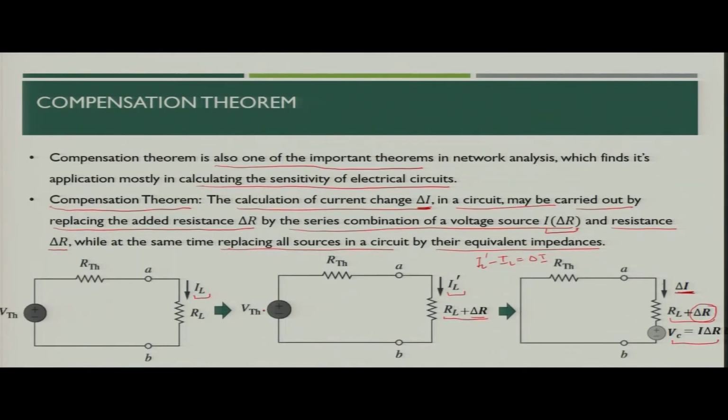If we have a current source, then it will be open circuited, while keeping all resistance values in the circuit. So, the equivalent resistance value of the circuit is RTH, and that is kept in the circuit. With this arrangement you can easily find out the value of delta I, which is flowing in the circuit because the resistance changes from RL to RL plus delta R. So, this is what the compensation theorem says.